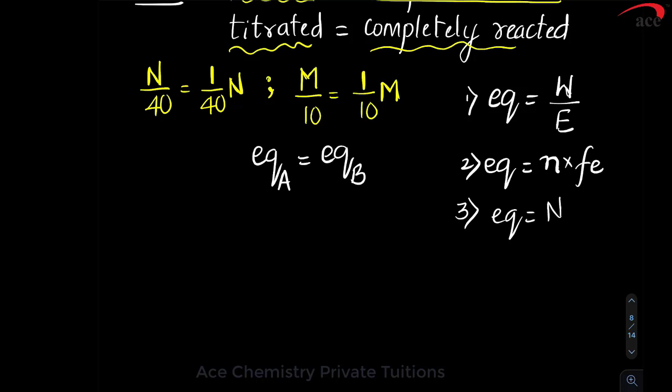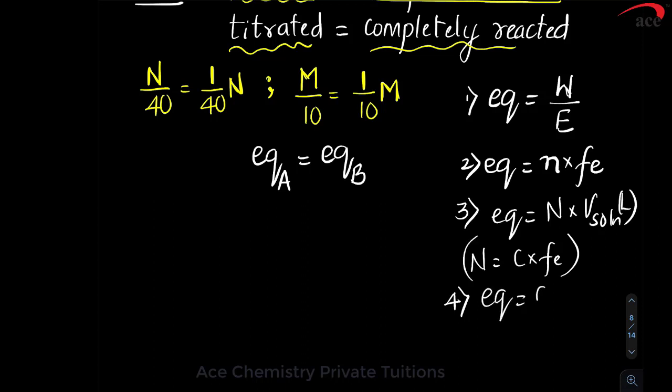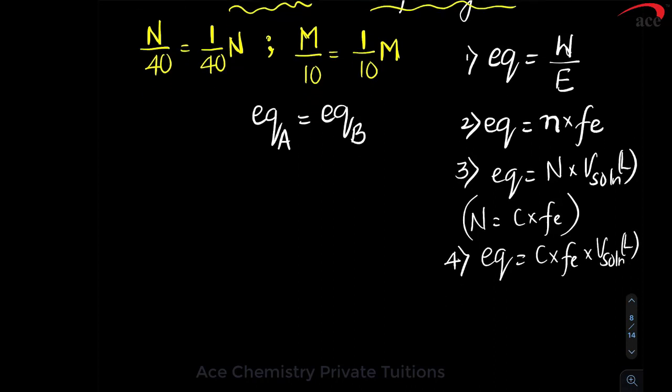That's the only formula which involves number of moles. Then it is also given as normality multiplied by volume of solution in liter. And we are aware normality is molarity multiplied by factor. So you can write down molarity multiplied by factor multiplied by volume of solution in liter.